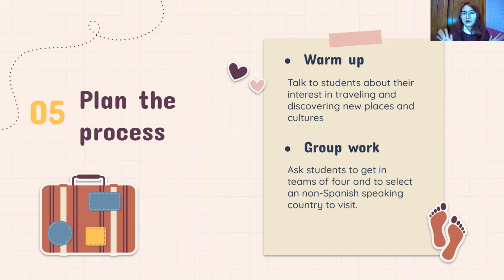Maybe they have already experienced a summer job abroad or something like that, but the majority of them probably haven't. So in this part, they can talk about what places they would like to know, new cultures they're interested in, things that they would like to do, but they will be talking mostly about their interest and not their experience.